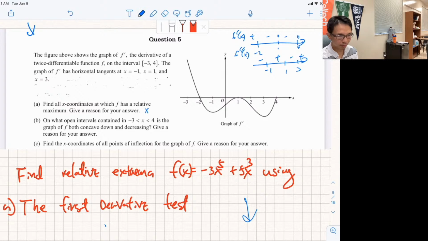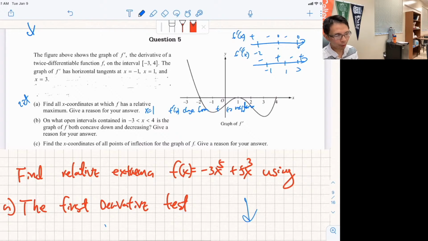That's it. 1 point. So easy. Easiest point you're gonna get all year. X equal to 1. Second point, you're gonna say f prime of x changes from positive to negative. Second point, 2 points right here. Easy. You can do this all day.